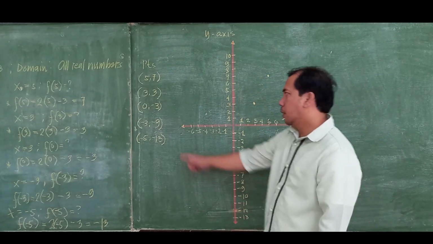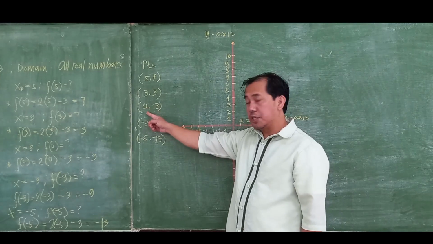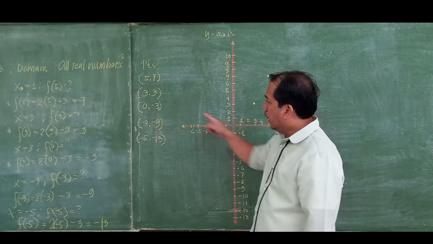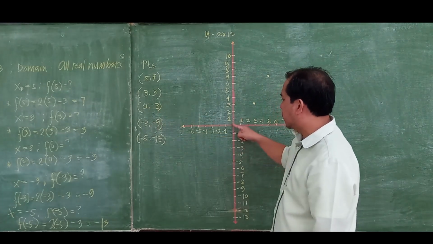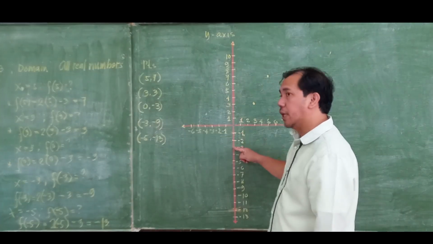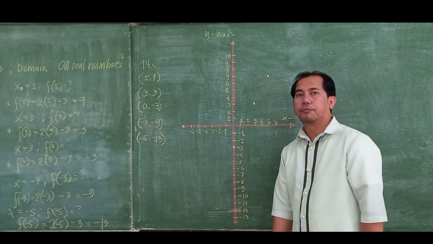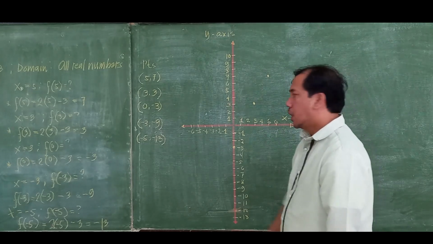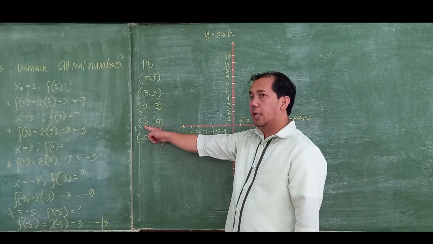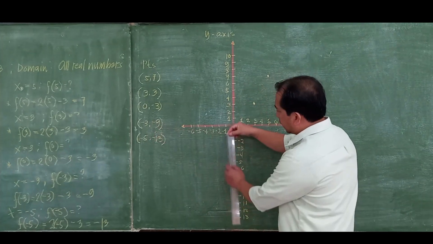The next one, 0 and negative 3. The x is 0, so we have it here, and the y is negative 3. So your point is located here. Next, x is negative 3, y is negative 9. Where is the negative 3?